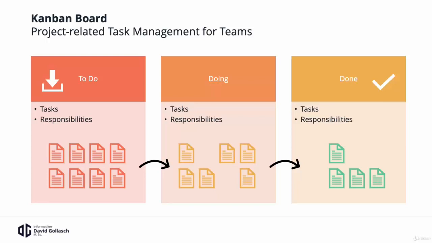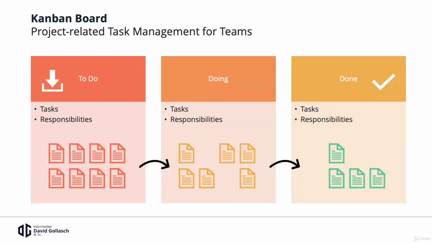If you're the only one working on this project, well, then it's easy, because you are responsible for this, who else, right? So you put all those cards into the to-do column, and during the project you take those cards, those tasks, and then they switch into the state of doing.